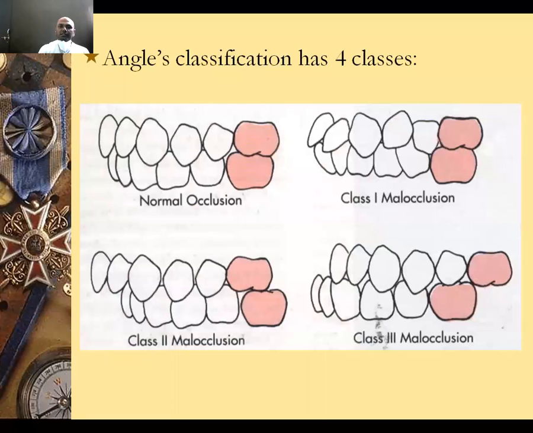One of the greatest contributions after the brackets by Angle is the classification of malocclusion, which is still widely used after 100 years.